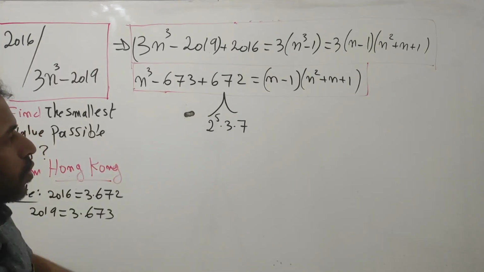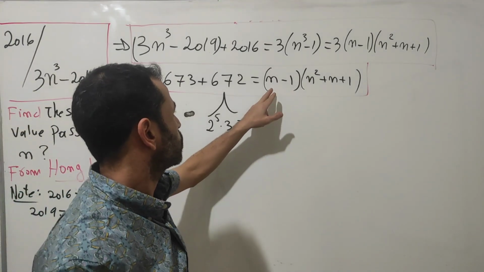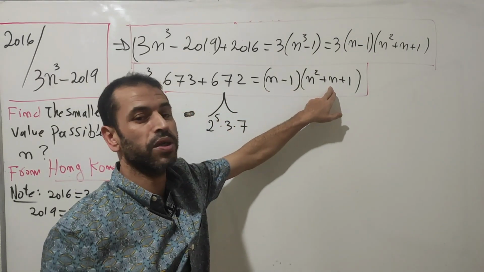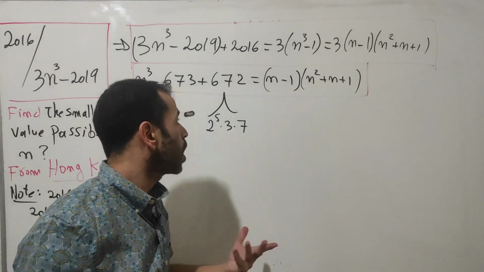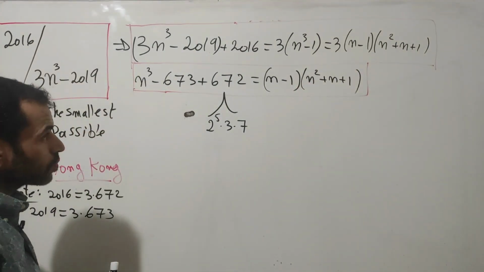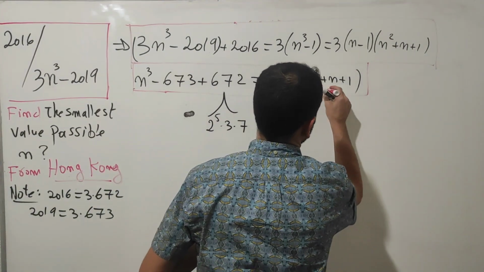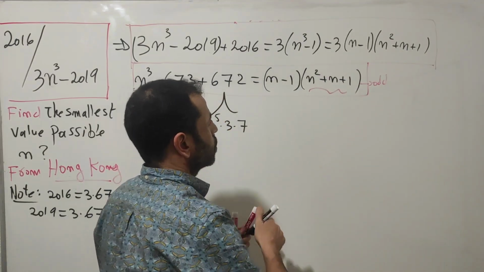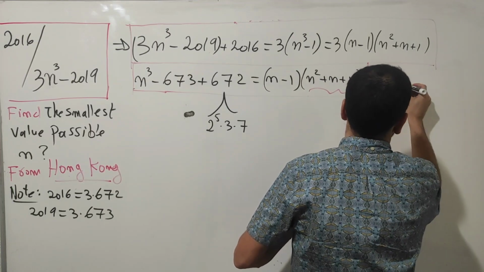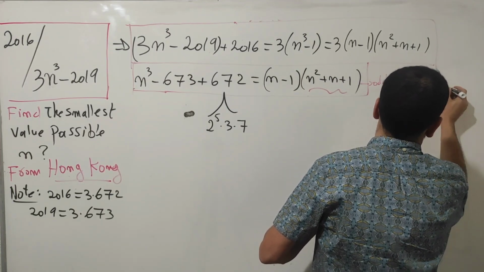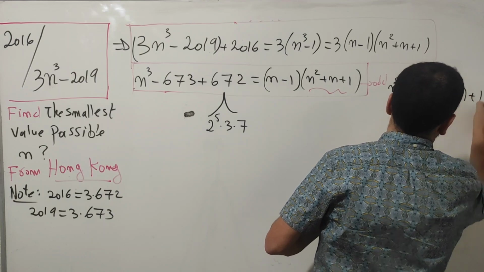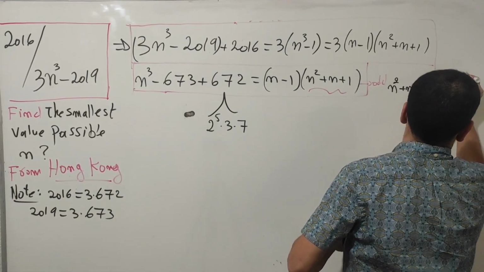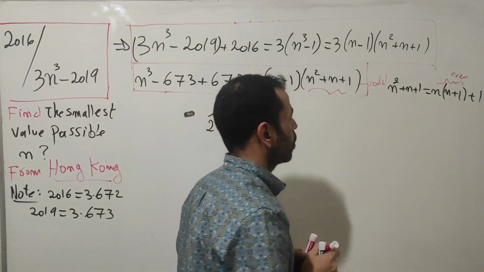So what to do? We are going to figure out which one is divisible by 2 to the 5th: n minus 1, or n squared plus n plus 1. We don't know yet. How are we going to know that? If you take a look at this term, it is odd, because n squared plus n plus 1 equals n times (n plus 1) plus 1. The product n times (n plus 1) is definitely even, and plus 1 it becomes odd.